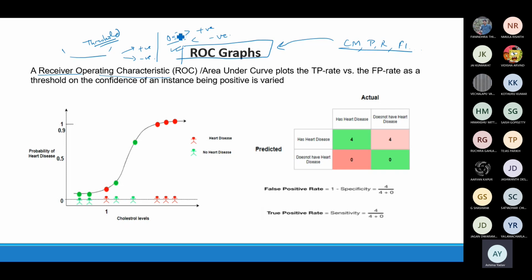But how am I coming to this 0.5 value? How am I setting this 0.5 threshold? It might happen that if I set this threshold as 0.6, the model could have behaved differently and maybe more accurately.